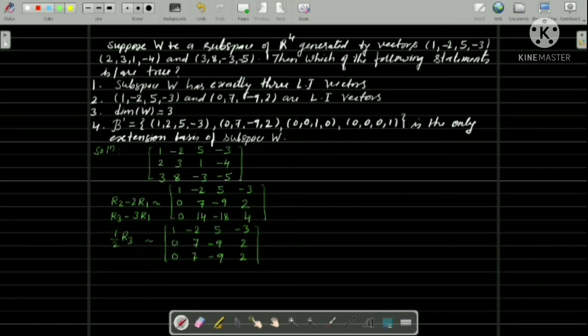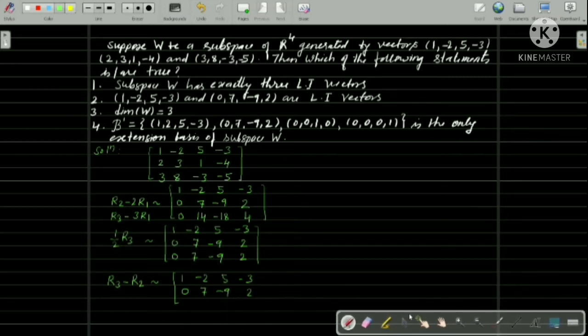So if I operate R3 minus R2, then third row will be 0, 0, 0, 0.